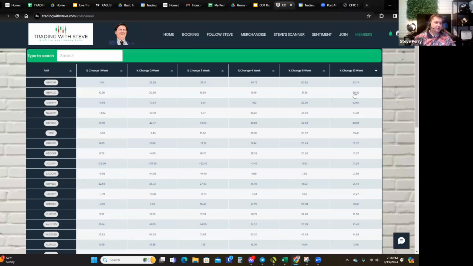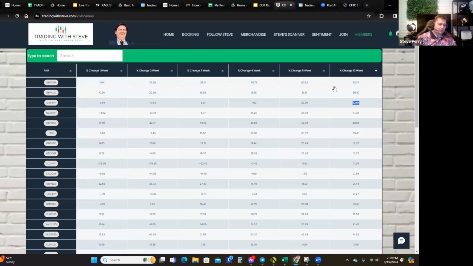You can see here with the pound franc, it has experienced a 62.74% positive shift over the last 10 weeks. On the pound Aussie, it's had a 58.92% positive shift over the last 10 weeks. And then pound yen had a really positive shift over 10 weeks and so on.